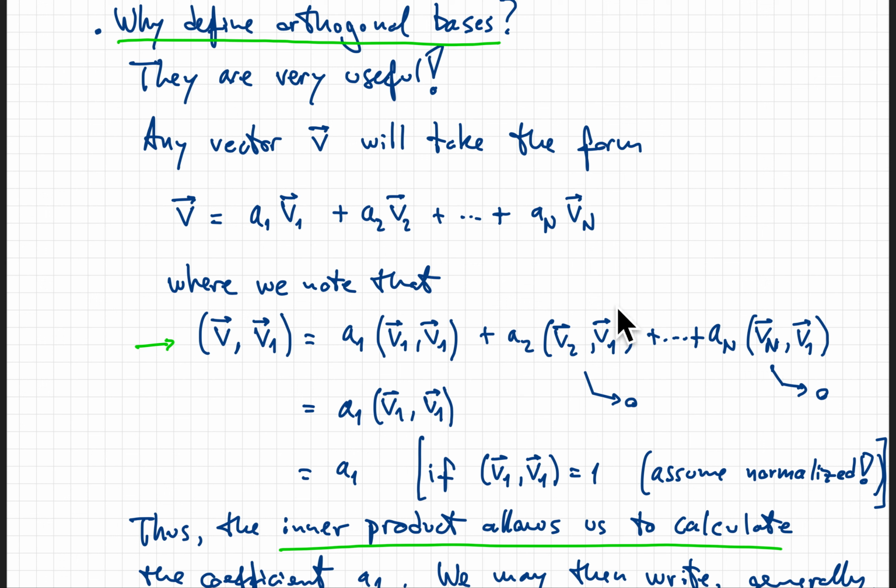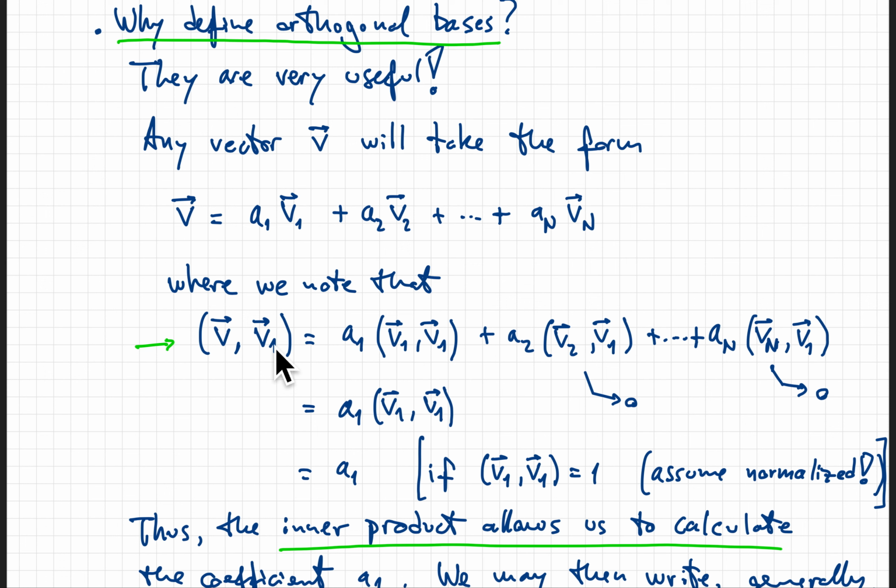Now, by virtue of the basis being orthonormal, in fact, just orthogonal, we see that these coefficients here are 0. So we're left with just this one term. And if v1 with v1 is 1, as we assume the basis is normalized, then the coefficient a1 can be extracted simply by taking the inner product of v with v1.